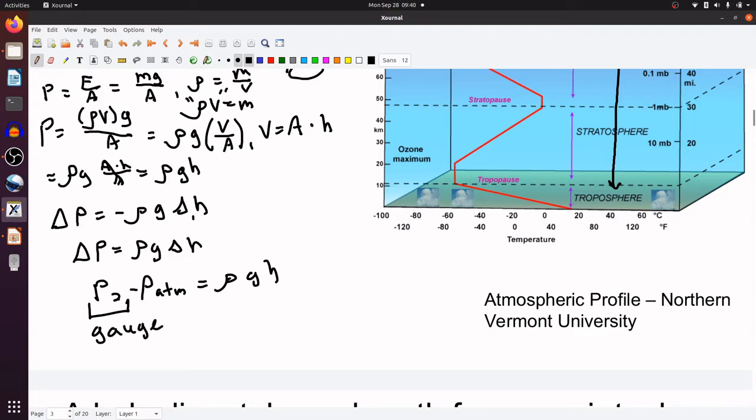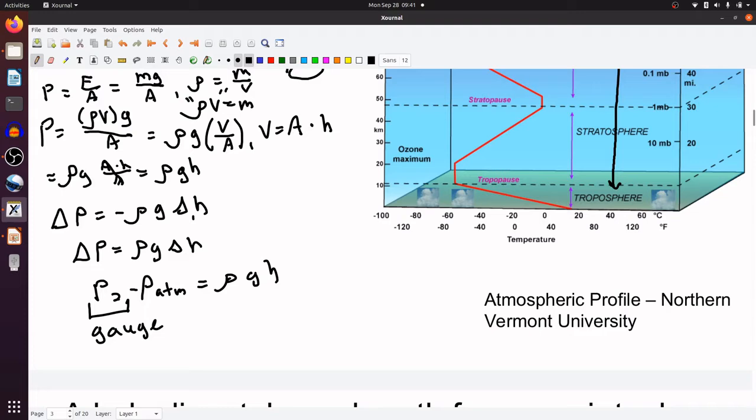The gauge pressure is basically the pressure with respect to atmospheric pressure. It shows you how much it differs from the overall atmosphere.